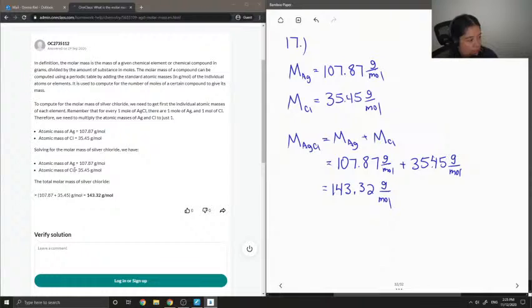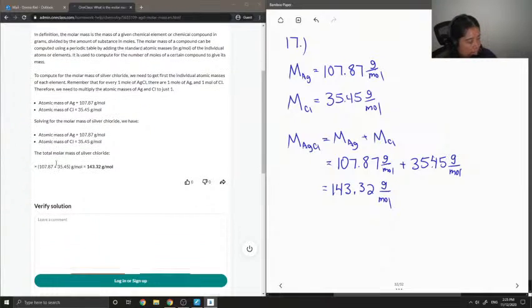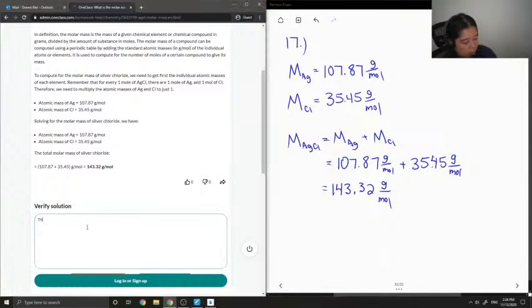They showed that multiplying by 1 gives you the same values. And they got that the molar mass of silver chloride is 107.87 plus 35.45, which gives 143.32 grams per mole. So I can verify that this solution is correct. Very in-depth explanation.